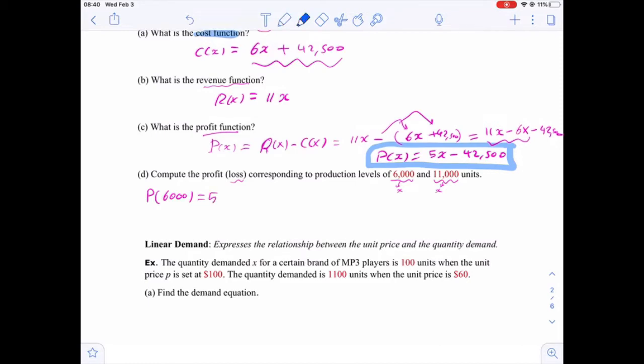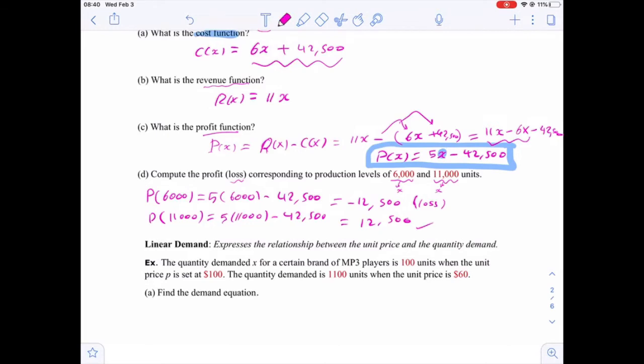We have 5 times 6,000 minus 42,500. Simplifying it, we get negative 12,500. This is a loss. And we want to compute the profit when we produce 11,000 units, and that's 5 times 11,000 minus 42,500, and this gives us 12,500.